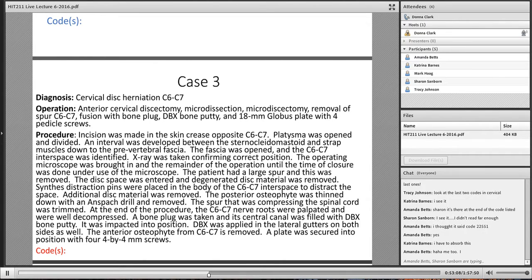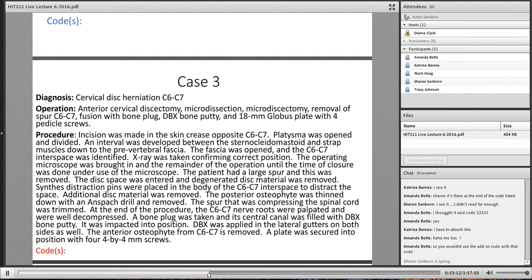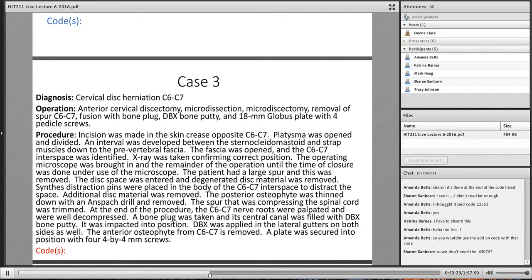Now, the other thing we need to pay attention to, so this would be in reference to your guideline. I got my hand in 50 pages. Let me move it out of my coding manual. I need some, what you call, bookmarks. I might have to look it back up. So when you try to code for spinal decompression, right? So we took care of the discectomy and the decompression.